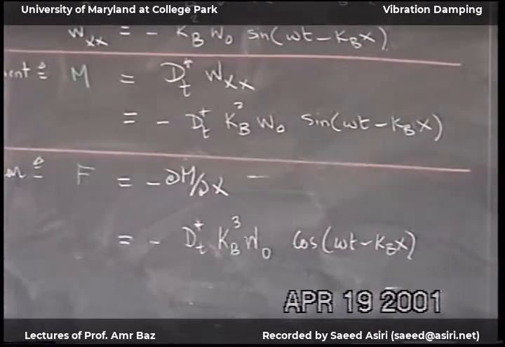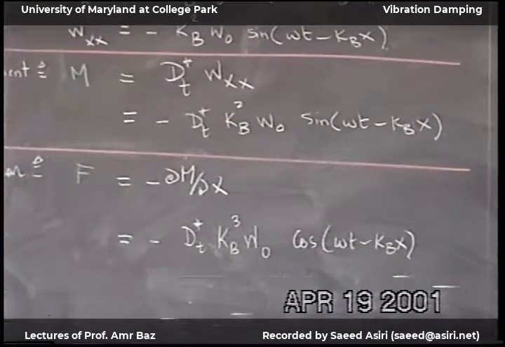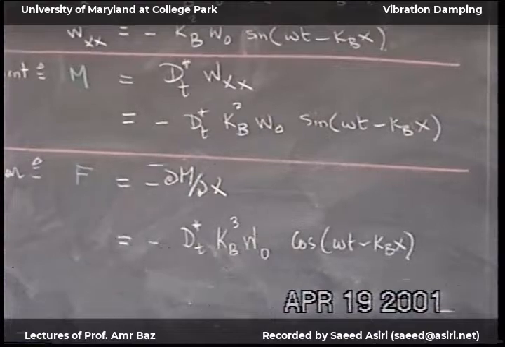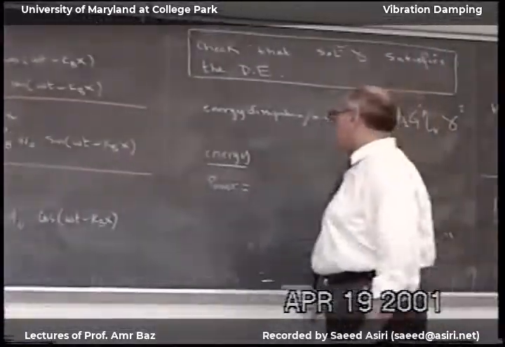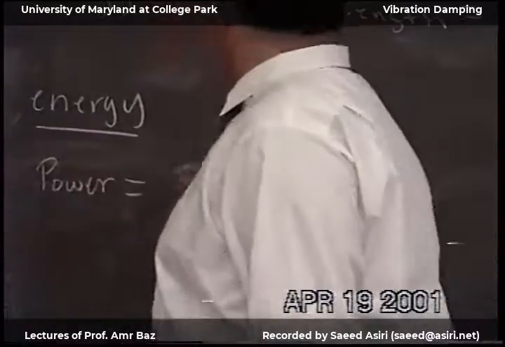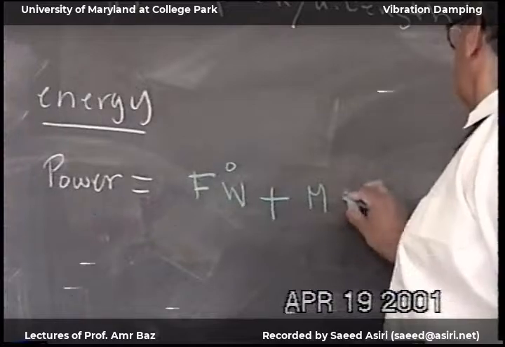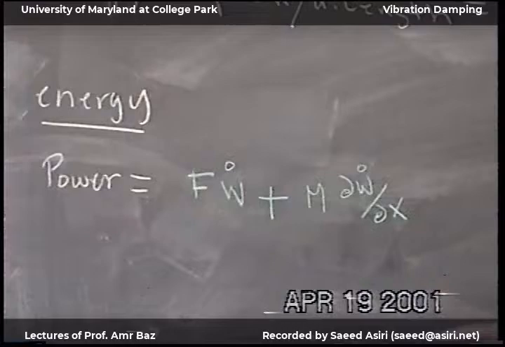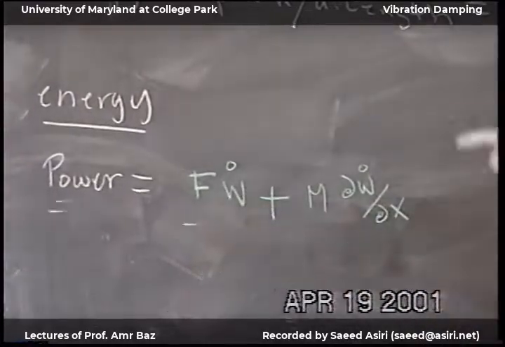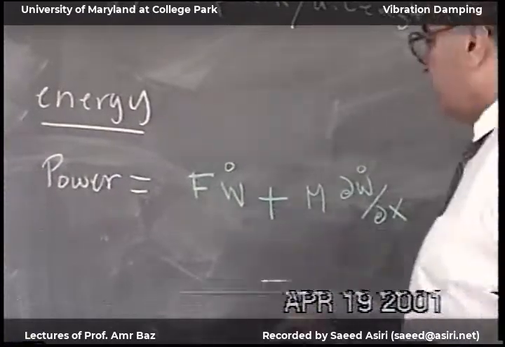So now for this total energy, I'll get it in two steps. I'll get first the power, and the power will equal to the force times the velocity plus the moment times partial x. So this is power, and after we get the power, we'll multiply it by the period so we can get the energy per unit cycle.